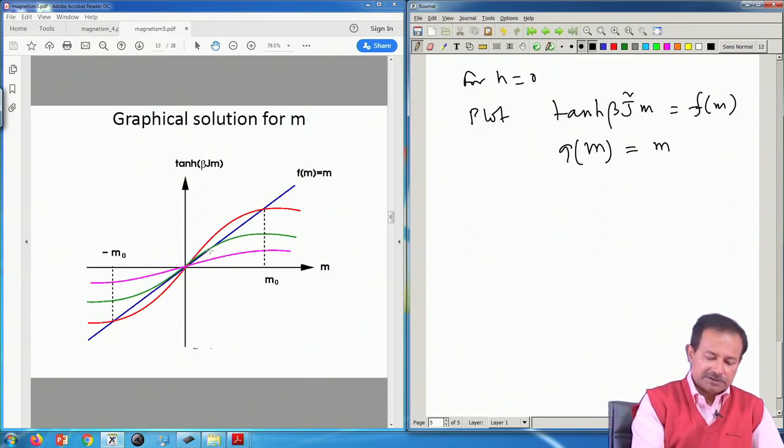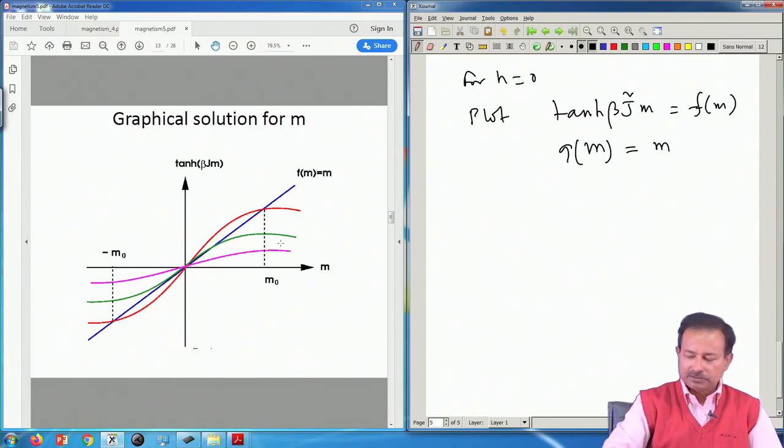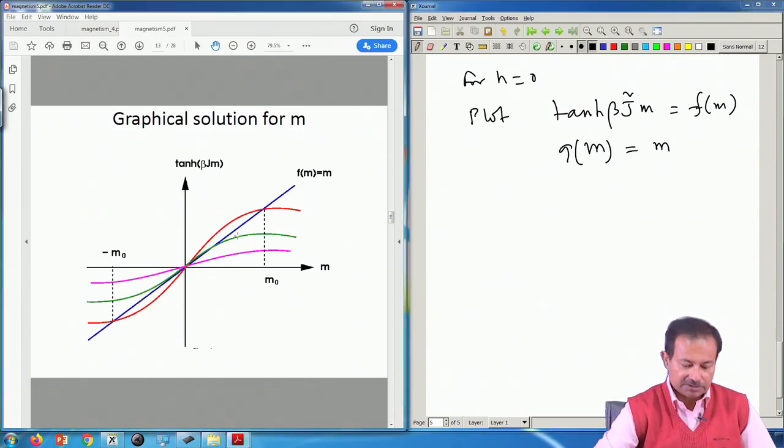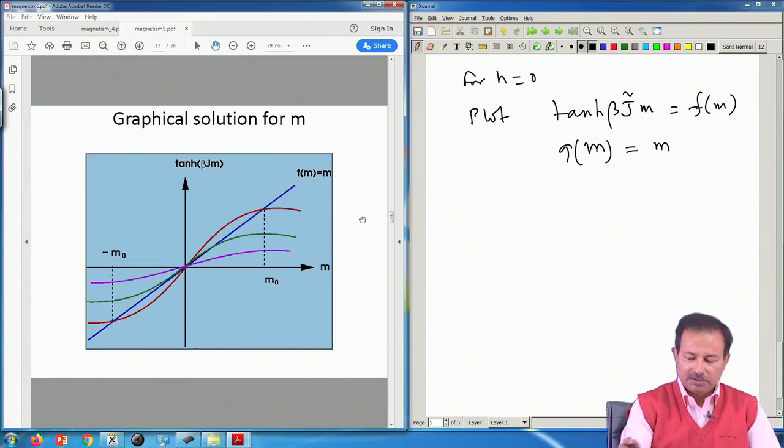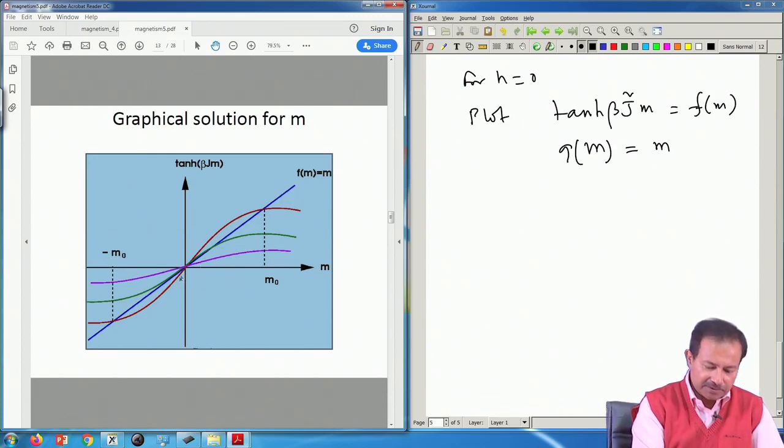It is very straightforward. You can see these different graphs of different colors on the left. Around m equal to 0, tanh(beta j tilde m) has a slope which is proportional to beta j tilde.